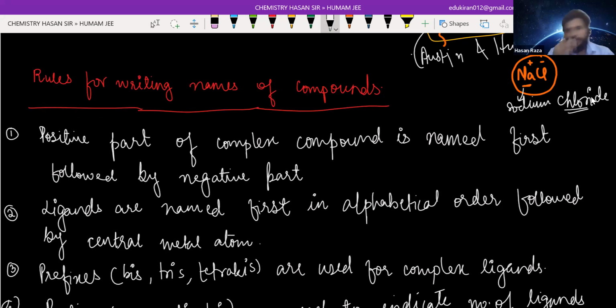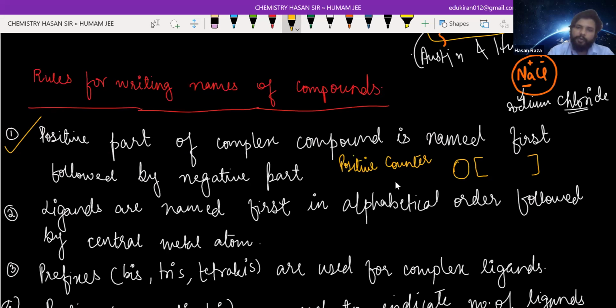In the same way, since a complex compound is also an inorganic compound, we always write the name of the positive first. If you have any complex compound, the positive lies outside the bracket, which is the positive counter ion or a spectator ion.